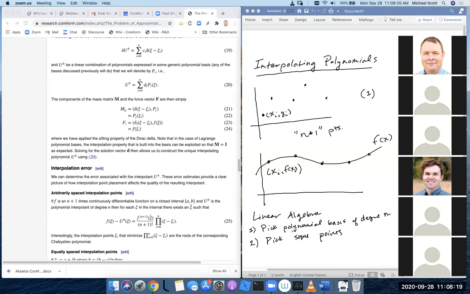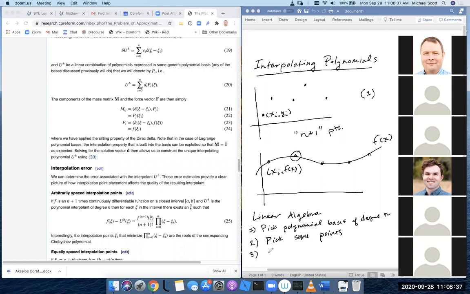The last step is to create a bunch of equations. Let's pick some point, say this point here. We want to construct a polynomial that passes through that point.